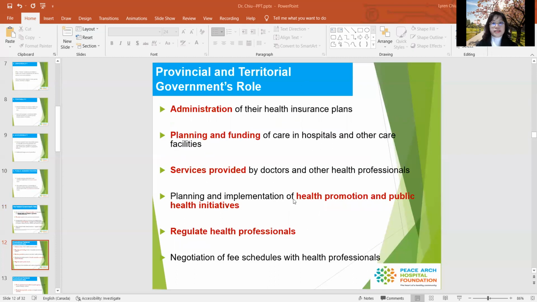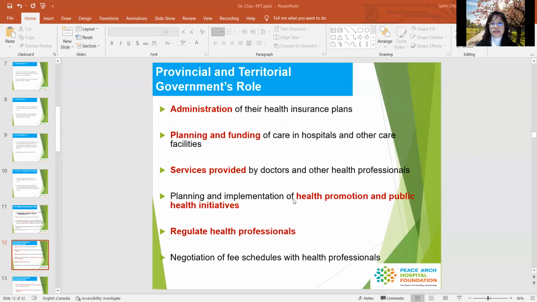As for the provincial and territorial governments' role, they administer health insurance plans. They plan and fund the care in hospitals and other care facilities, and they fund services provided by doctors.